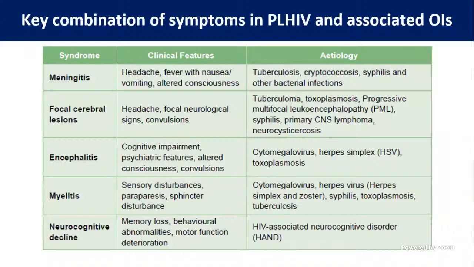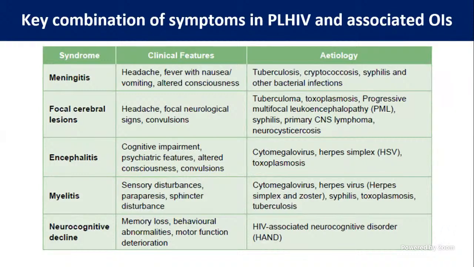The common causes are space-occupying lesions, for example tuberculomas, toxoplasmosis, PML, syphilis, primary CNS lymphoma and neurocysticercosis. Many of them look very similar on an MRI and present as so-called ring-enhancing lesions. So there needs to be a very high degree of suspicion as to which of these ring-enhancing lesions is responsible for the focal cerebral disease with which the patient has presented.